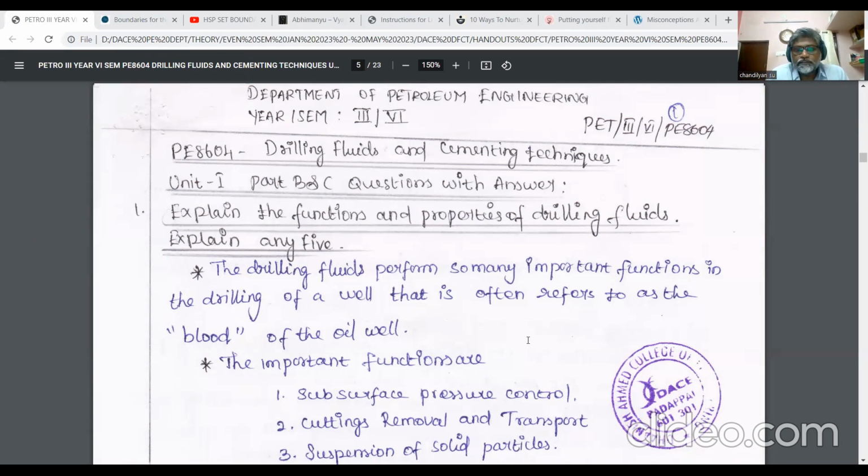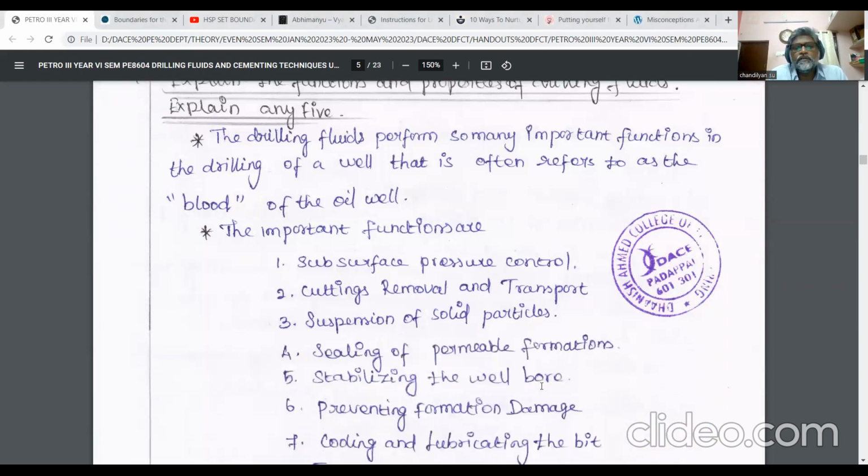properties of drilling fluids. What is being covered to you in the class is functions of drilling fluids. I already told you it could be asked for a 2-mark question as well as a 15-mark question because that's the nature of questions. It can be dealt very seriously or it can be very simply posed for 2 marks. So when that is being asked, just stating of the functions is enough for 2 marks.